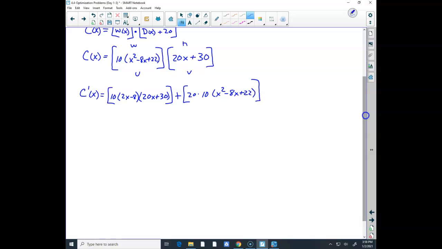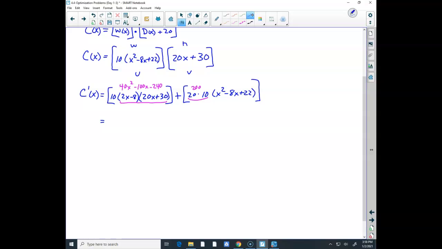Okay, and of course now I have to find my critical values of this, which means I'm just going to do a little bit of work here, and I'm going to expand this stuff out. And when I multiply these two guys together, I get 40x squared minus 100x minus 240. And I'm just going to put these two together, and I'm going to take 200.